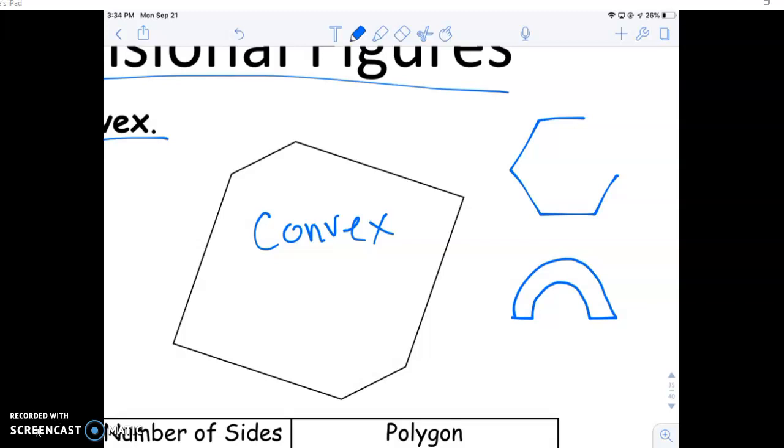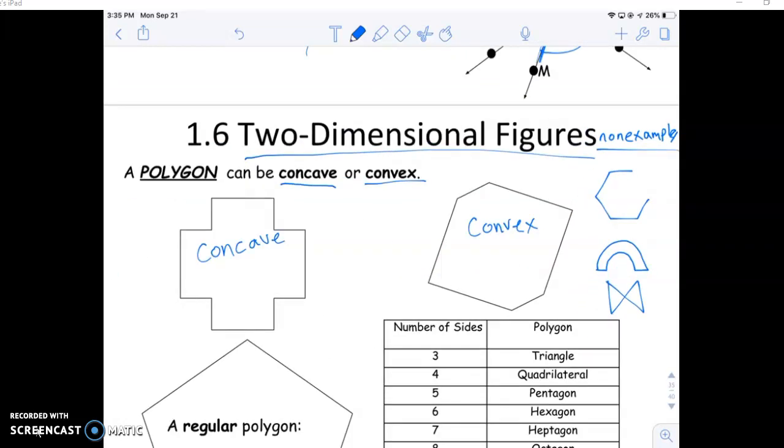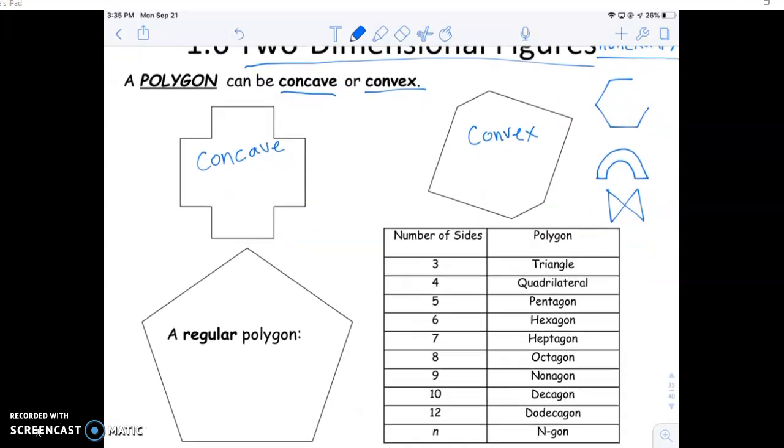And the other one, if you have a shape that crosses. So these are non-examples. So that last one, you can't have any sides that are overlapping. Non-examples. So those are three non-examples.